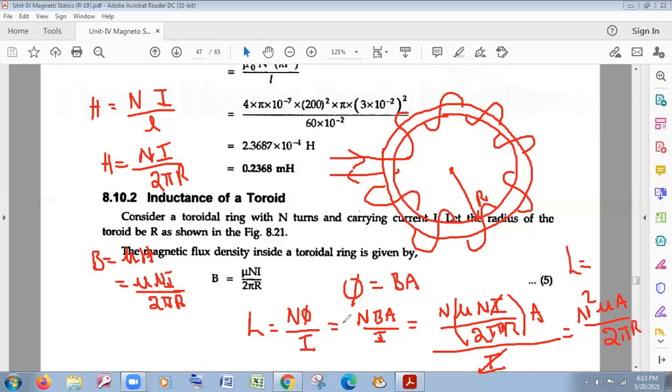L is equal to N square mu A by 2 pi r, where A is the cross section of the toroid ring.